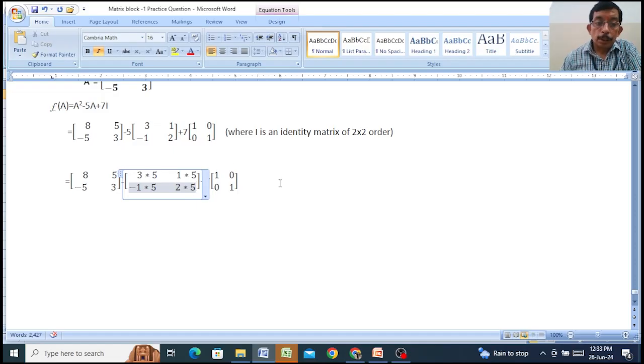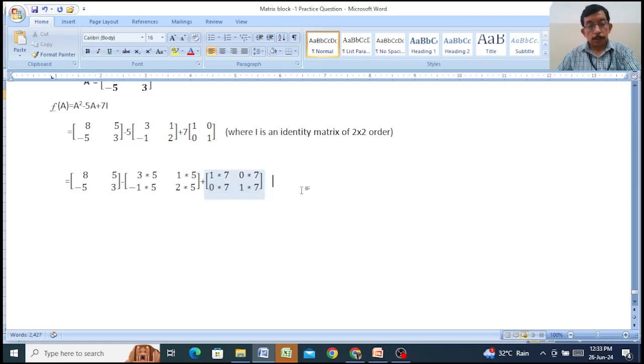Now 7 is the scalar quantity multiplied by the identity matrix, so multiply 7 with each element: 1 into 7, 0 into 7, 0 into 7, 1 into 7. Now simplify in the next step.